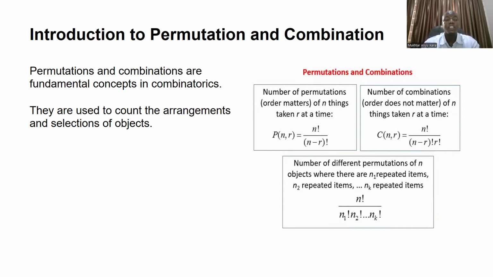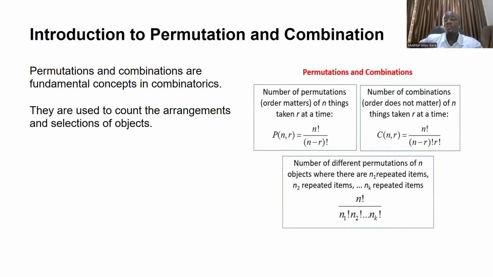N represents the number of the objects, and then we have R, the number of the objects taken at a time. So N is the number of the objects, while R is the number of the objects selected at a particular time.